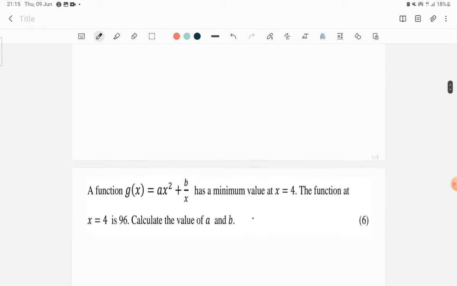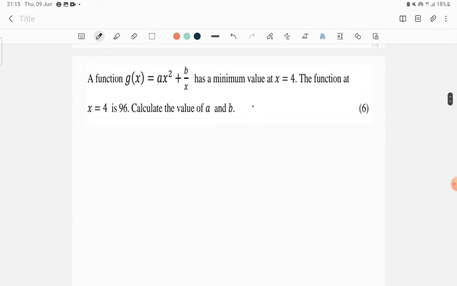Then taking us to the second question, we have a function g, which is given by ax squared plus b over x, that has a minimum value at x is equal to 4.